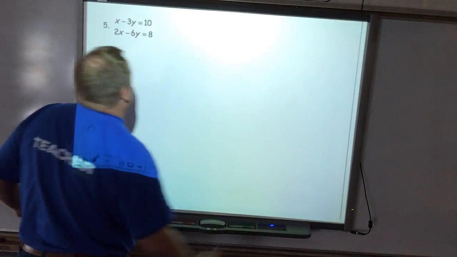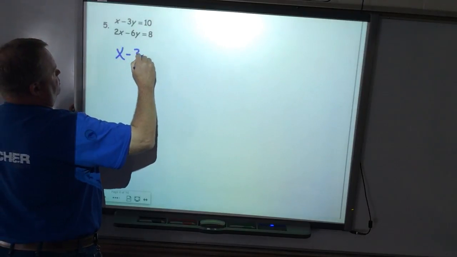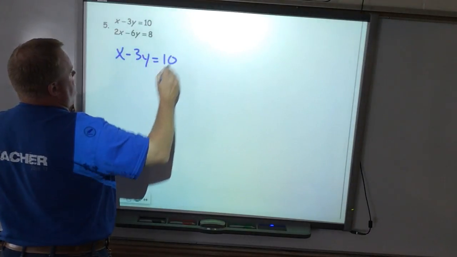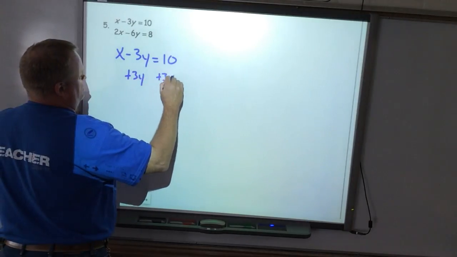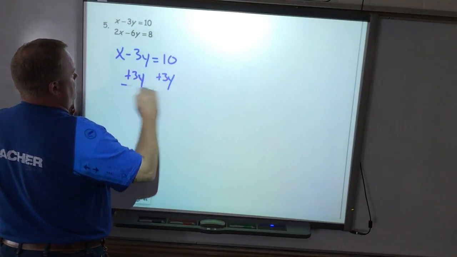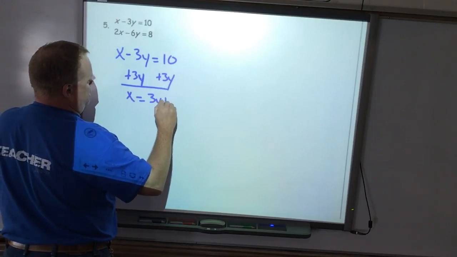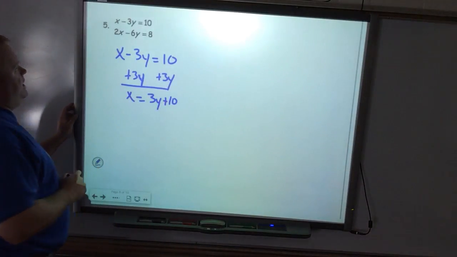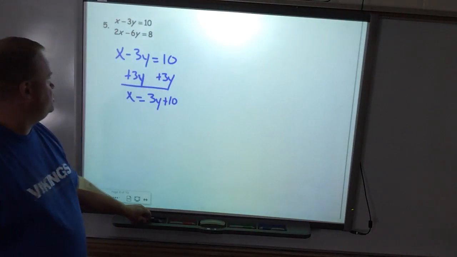I want to go ahead and get the x by itself for the top one. So this is x minus 3y equals 10. I'm going to take the 3y and move it to the other side. So x equals 3y plus 10. And I'm going to go ahead and plug that in to the other equation.